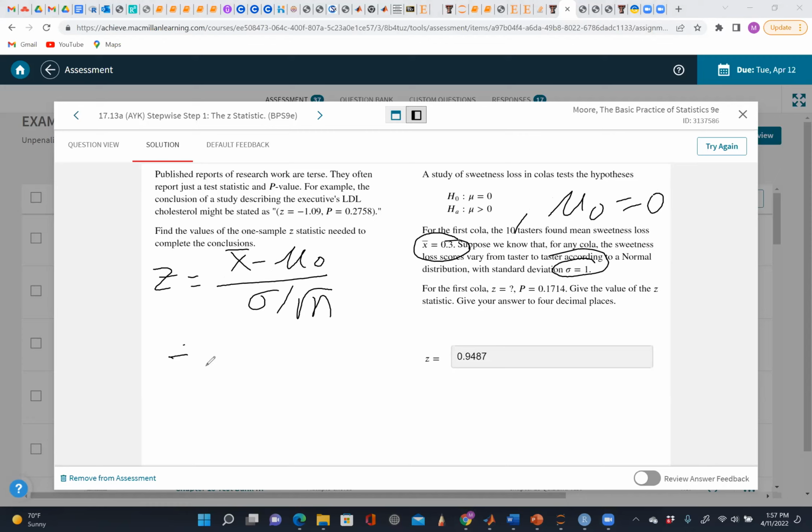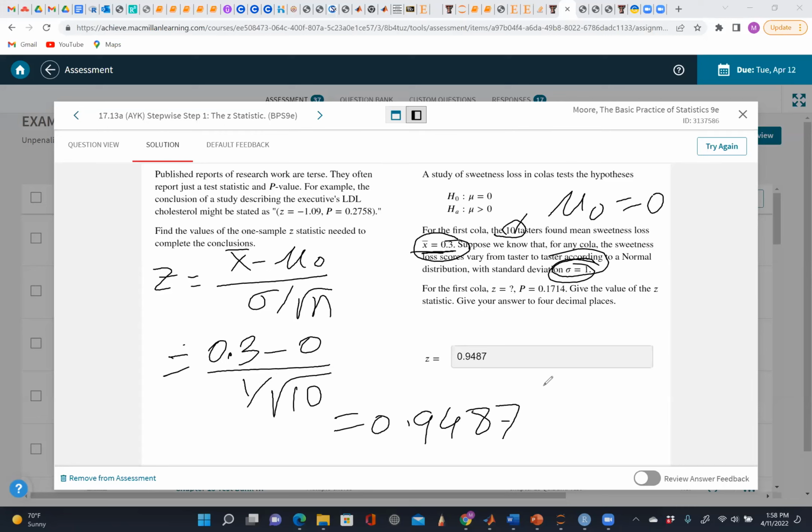So plug in all the numbers: x bar is 0.3 minus mu 0, which is 0, and sigma is 1, so 1 over the square root of n, and n is the sample size, right? So the sample size is 10. If you simplify this, you will get 0.9487. So that means the test statistic is 0.9487.